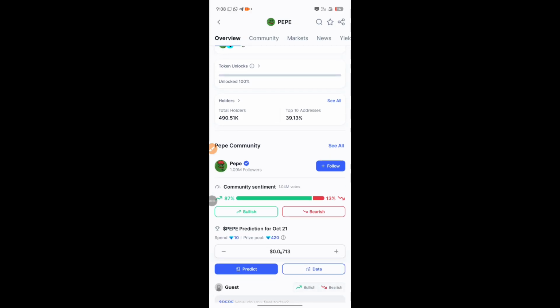And it's over 80% bullish and just 13% bearish. This is to tell you that this particular coin will soon triumph. It will soon pump, like it will soon go higher.